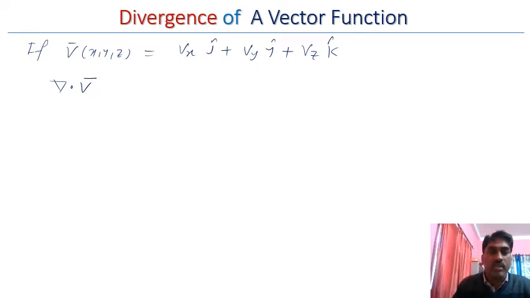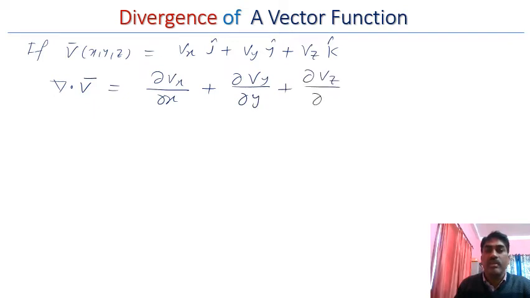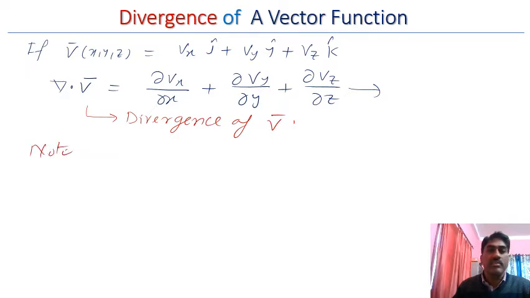So del dot V equals del Vx by del x plus del Vy by del y plus del Vz by del z. This is called the divergence of this vector function V.